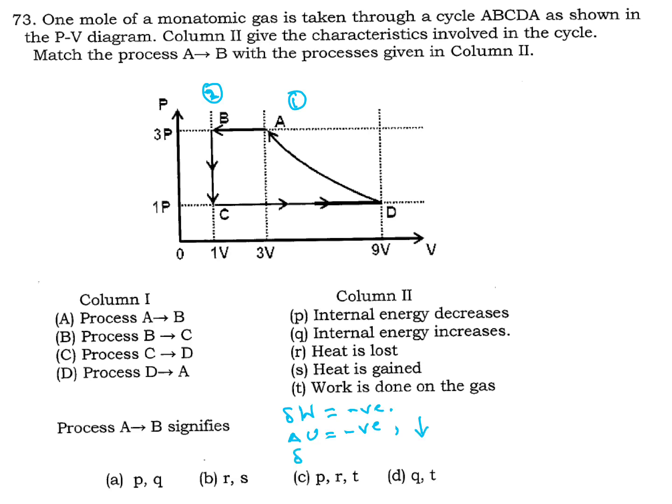Del Q also negative, or heat loss. So from the options we have to check. Process AB signifies work is done on gas, then internal energy decreases, then heat lost. So option C is our answer.